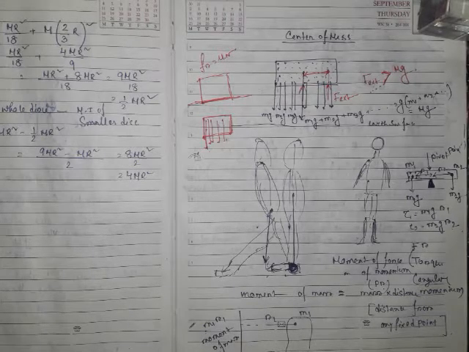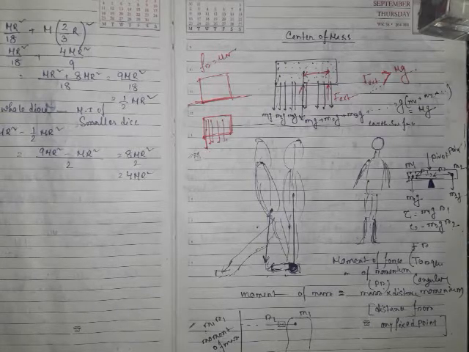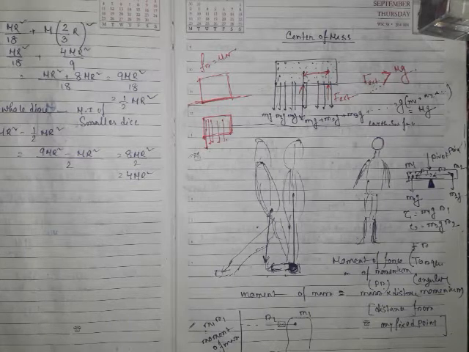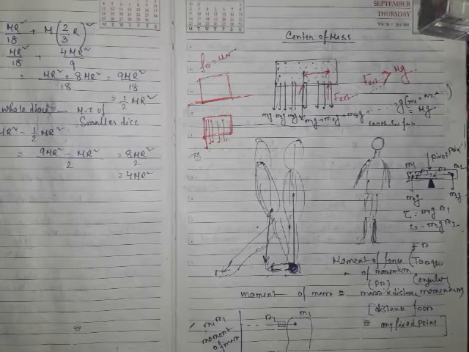Center of mass is a point where, when you apply some amount of force on it, that produces translational motion instead of producing some kind of rotational motion. That is the concept of center of mass.